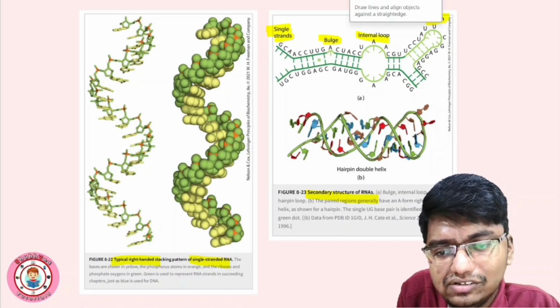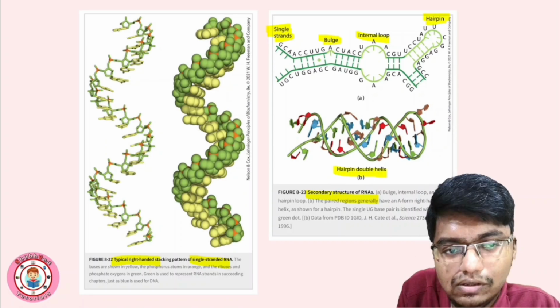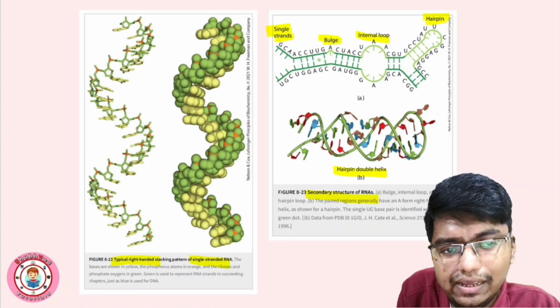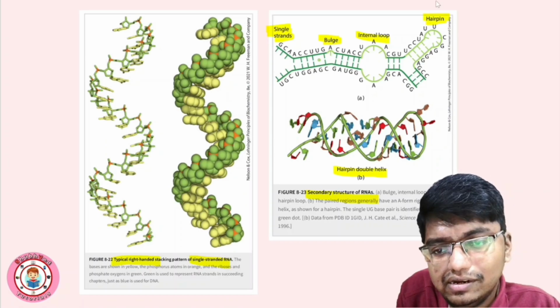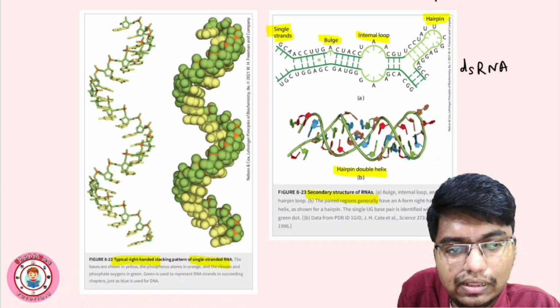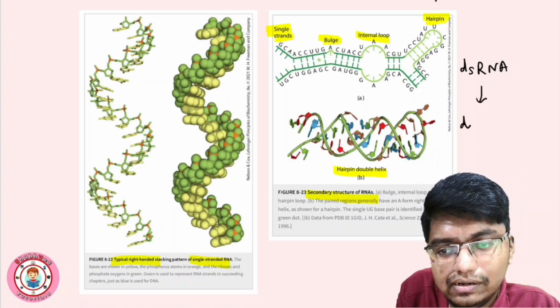This is the secondary structure and hairpin double helix. So these are secondary structures of RNA. We can call this a double-strand RNA structure, right? This is a double-strand RNA structure.